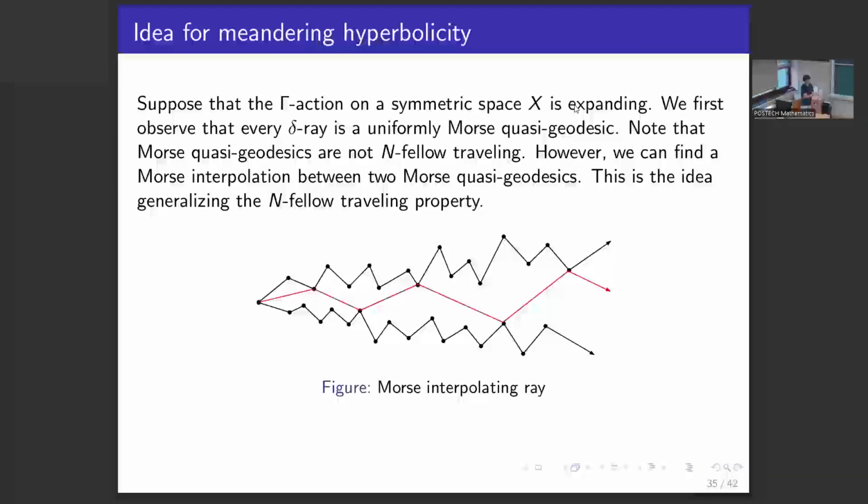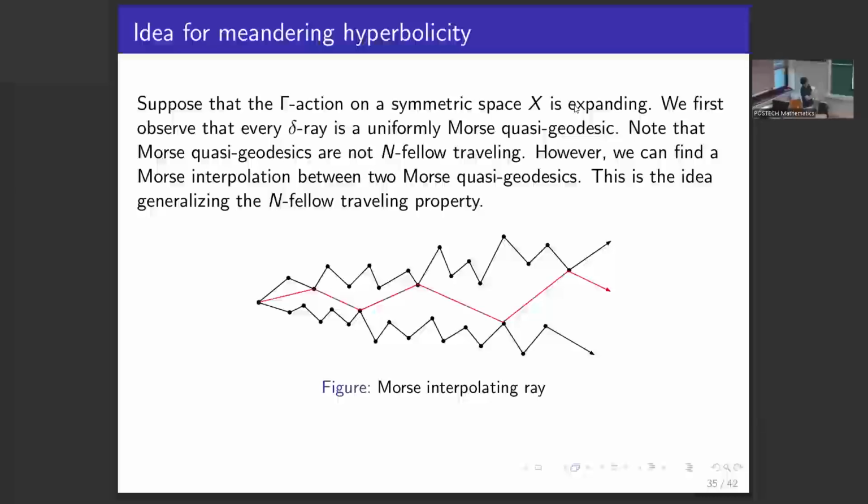In the hyperbolic case, this kind of thing does not happen because it satisfies the parallel traveling property, so they only give just one direction. But in higher rank, it does not define just one direction. They have a lot of directions. So for example, like this, here we can see many directions, right?